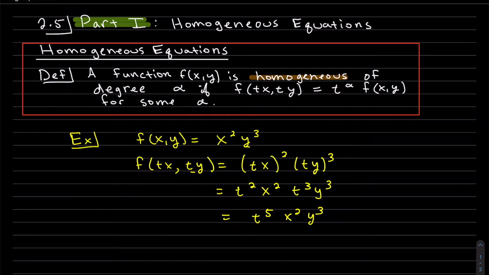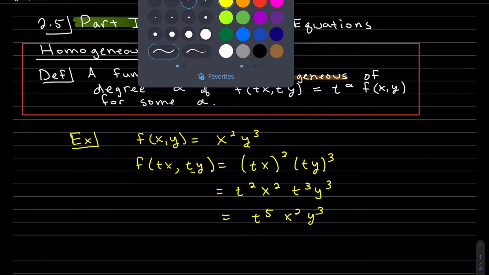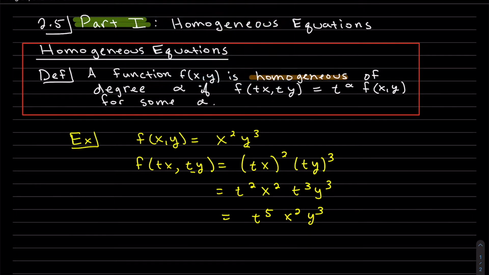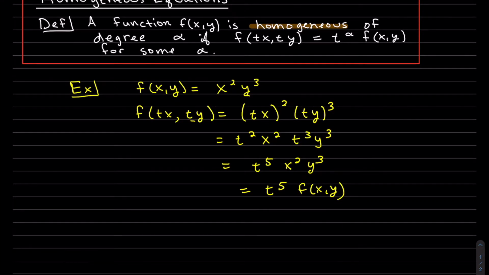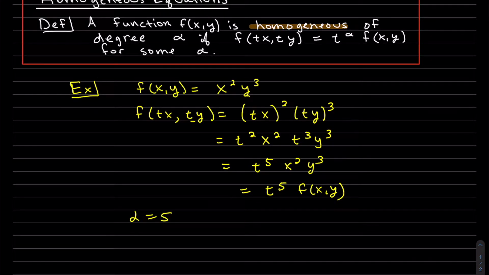So we can see here, this x squared y to the third is our function back. And we have t to the fifth, so it looks like our alpha is 5. So this is homogeneous of degree 5.